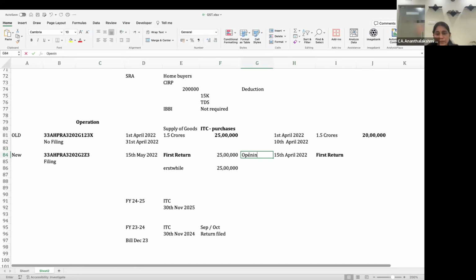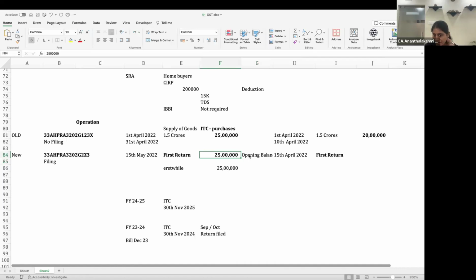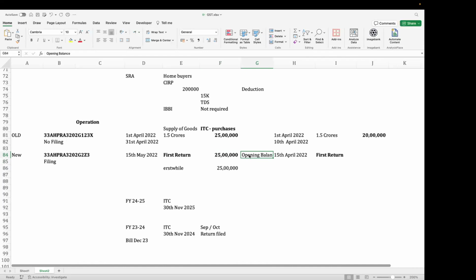It is the opening balance, sir, that means it is before the period of CIRP. Correct, sir, you can avail that one, like the carry forward laws in income tax. Why should we burden the corporate debtor? He already has an issue, so this benefit is not deprived. He can very well take up this 25 lakhs. Okay. Thank you, ma'am.